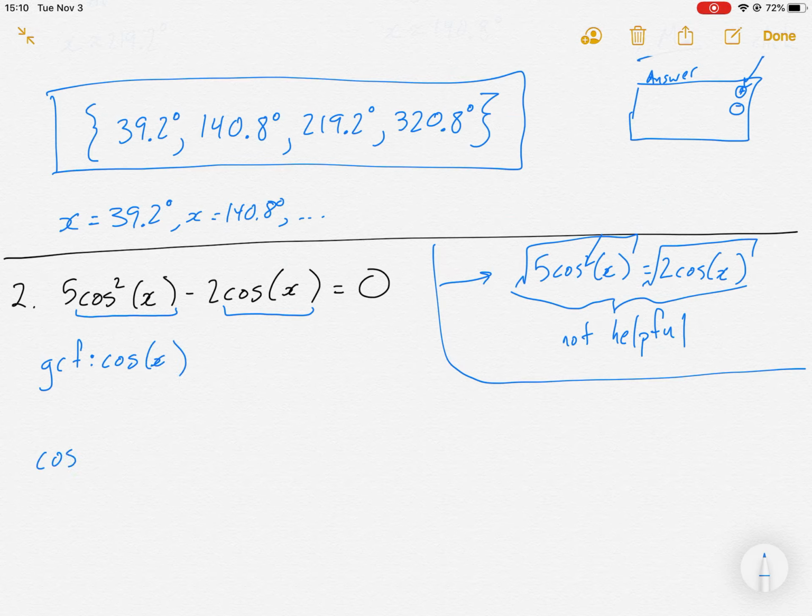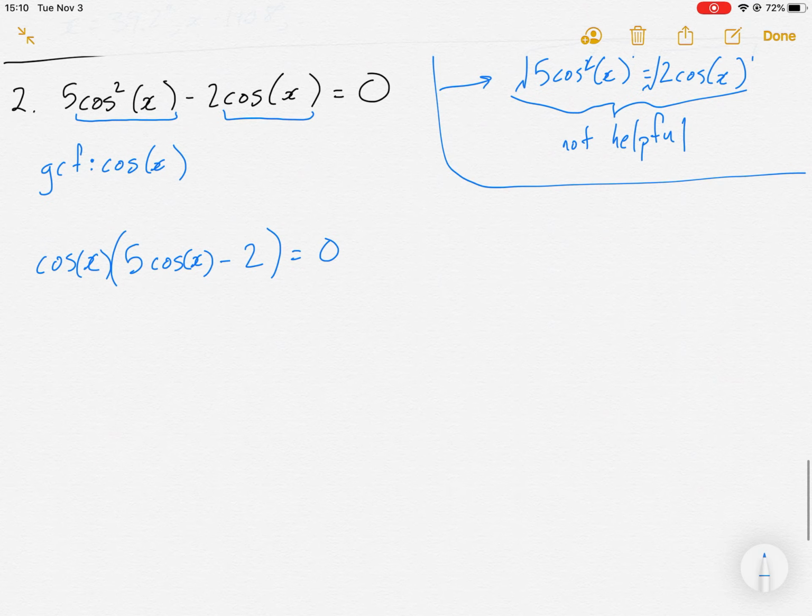We're going to rewrite this as cosine of x, and then we're left with another cosine of x in here, but then this is just minus 2 equals 0. Now thinking back to what would happen if this was another type of problem with just x's, we would next set each factor, cosine of x and 5 cosine x minus 2, each equal to 0.